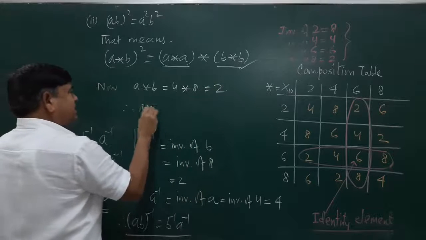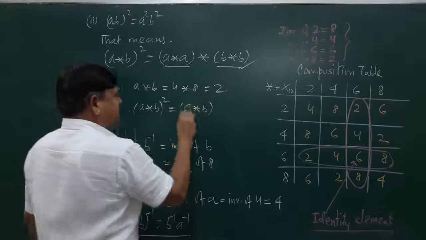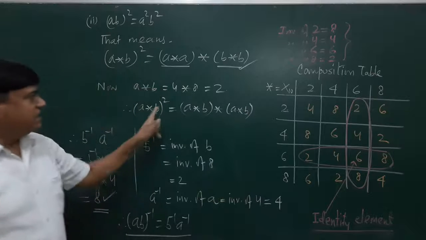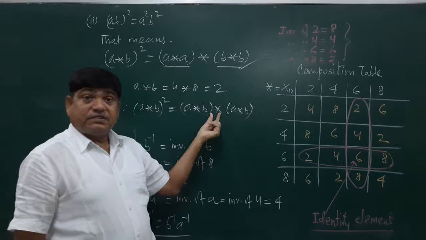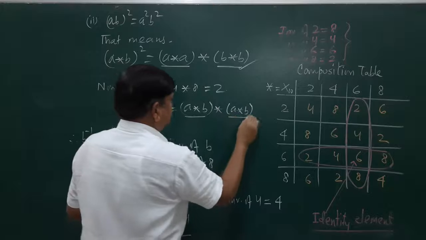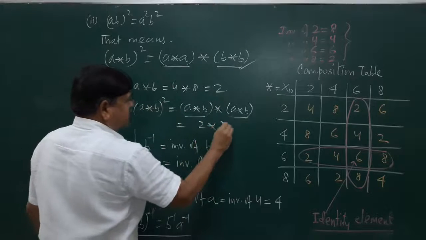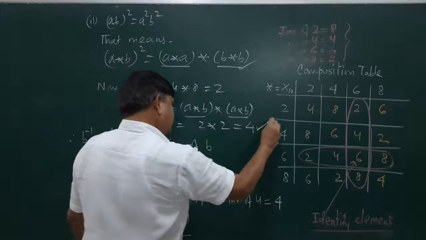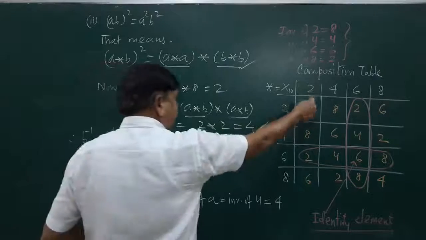Therefore, (A asterisk B) whole square is A asterisk B asterisk A asterisk B. So whole square means this one, already explained. What is the answer of this? Multiplication, so the answer is 4. 2 into 2.